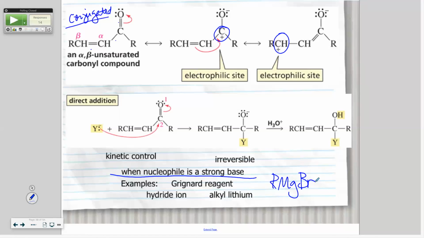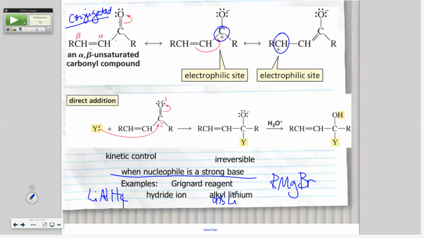Where would you get a hydride ion from? Lithium aluminum hydride, sodium borohydride. Alkyl lithium. Those are things like that, and butyllithium that was in that other example. I'll just give you methyl lithium.